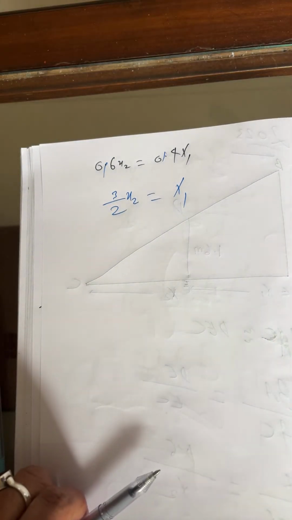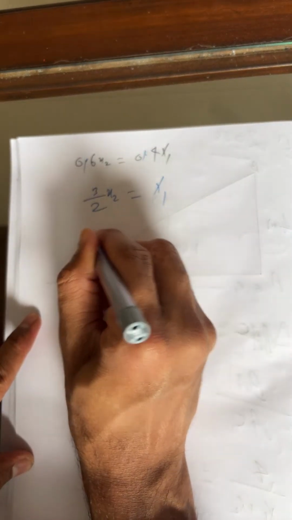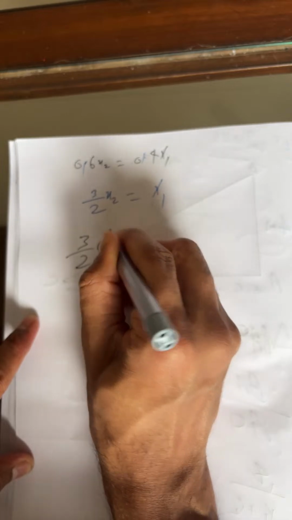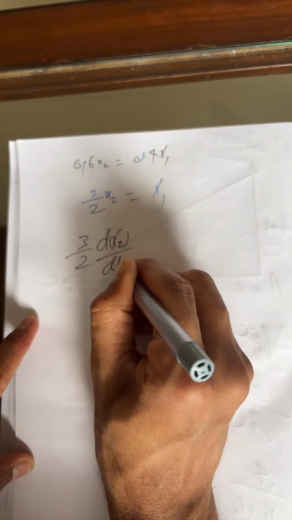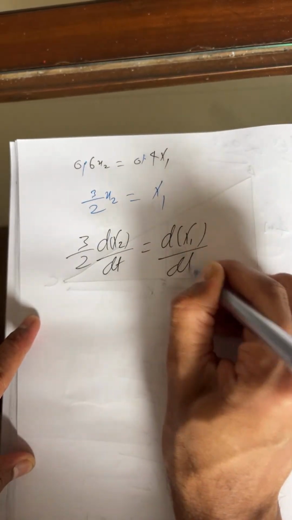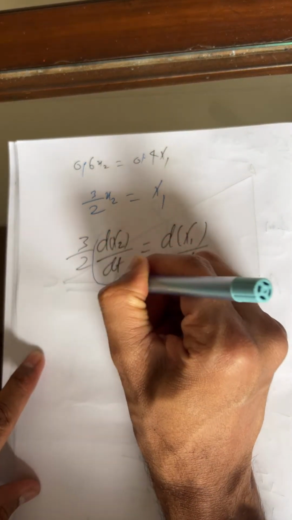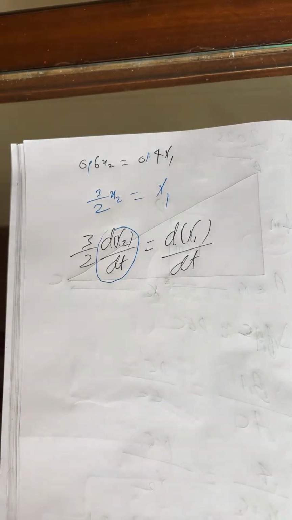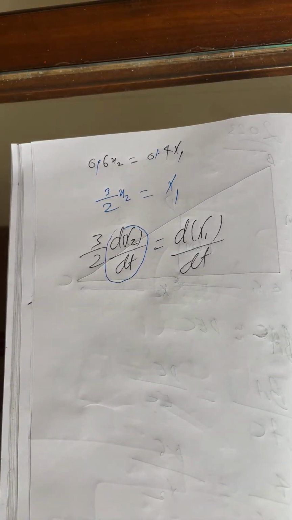So you can write 3 by 2 into dx2 by dt is equal to dx1 by dt, right? This is mentioned in the question: the speed of the person, 60 centimeter per second, right?